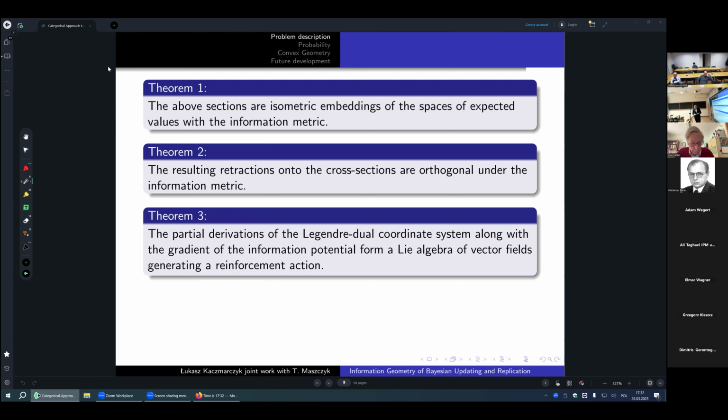The third one is more or less how the information Lie group action is realized.